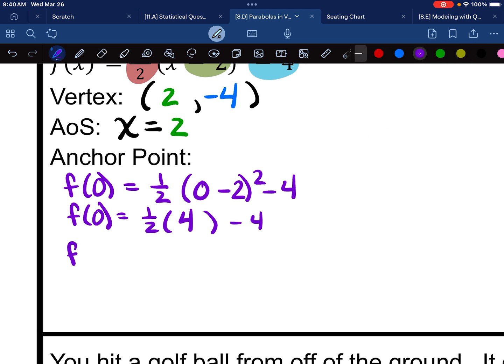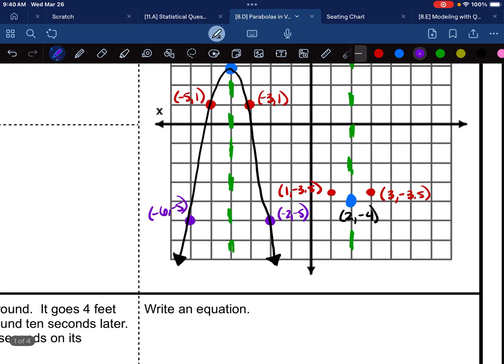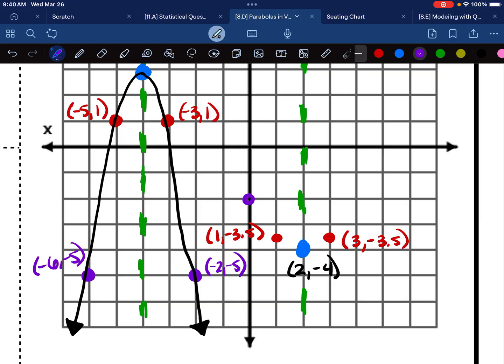All right. So now that I've done my parentheses and my exponent, I'm doing the multiplication part. So half of 4 is 2. Then I deal with addition and subtraction, which gives me -2 here. So my anchor point is 0, -2, which is right here.